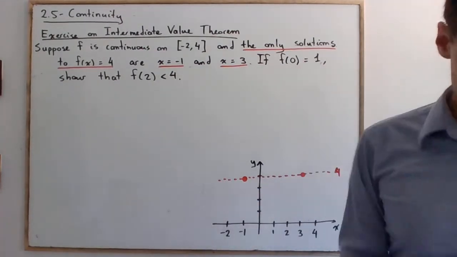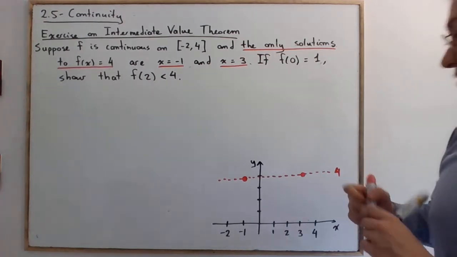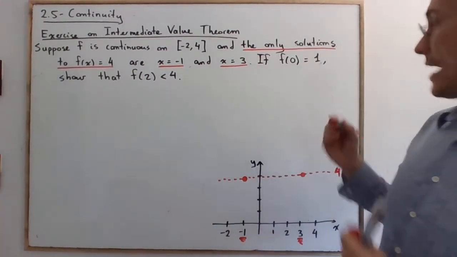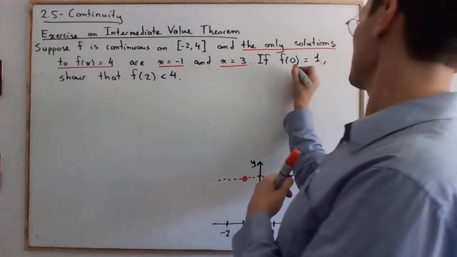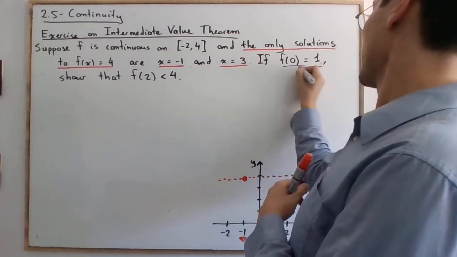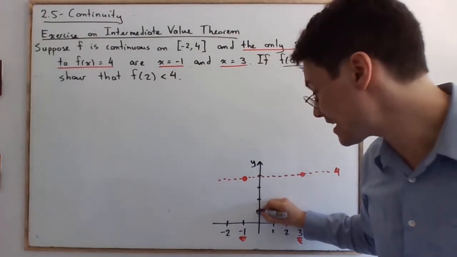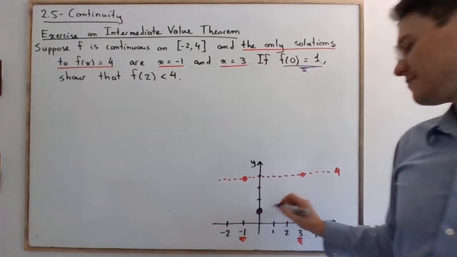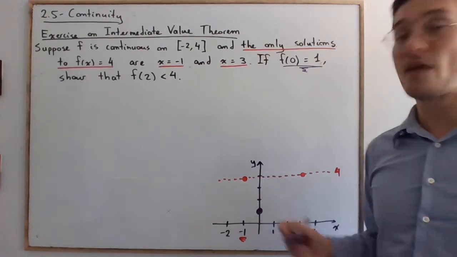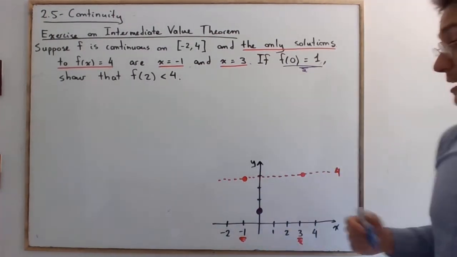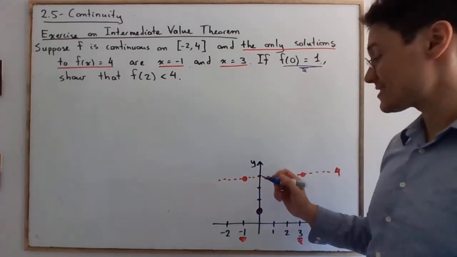And we also know that f of 0 is equal to 1. This is not saying much, but it's just saying that the function is down there when x is equal to 0. So here's an example of a function that satisfies this.